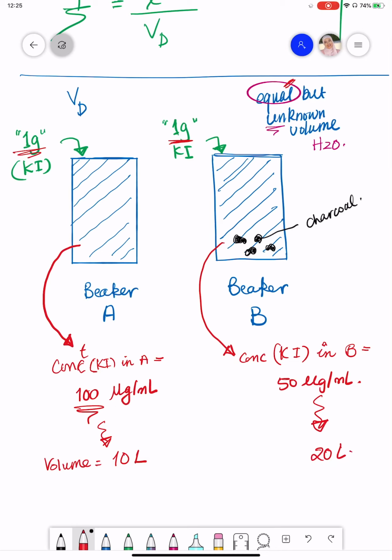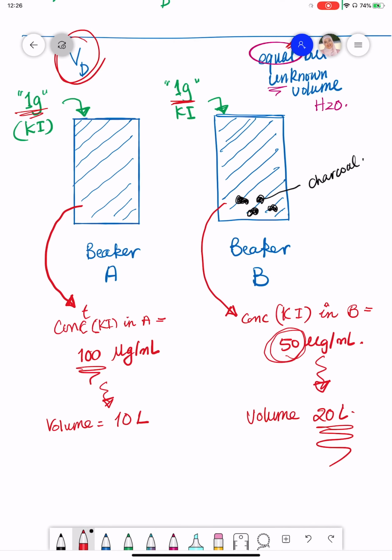So even though we have the same equal volume of water in both beakers, we have a larger volume here with lower measured concentration of the KI. And this is a simulation, a symbolic way to understand the volume of distribution that we have in kinetics. How is that?